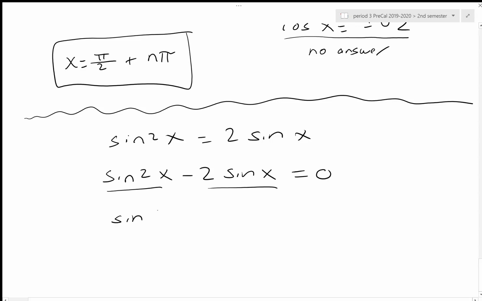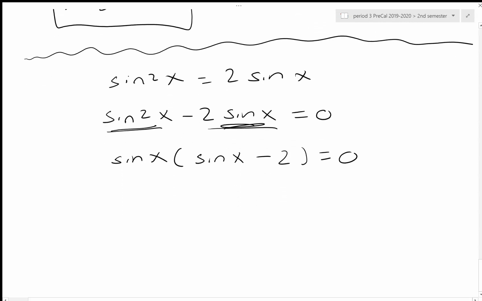They both have a sine. If this is sine squared and I take a sine out, I'm left with a sine. Minus, if I take out the sine for this one, I'm left with the 2 equals 0. Split these up, I get sine of x equals 0. Sine of x minus 2 equals 0. This one's already solved.